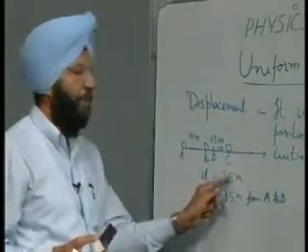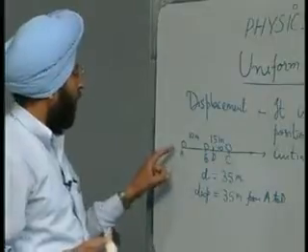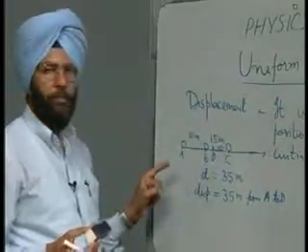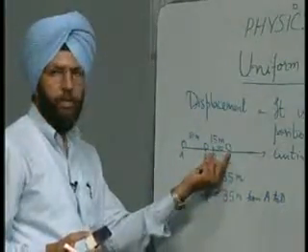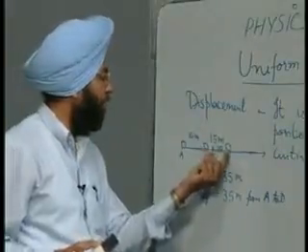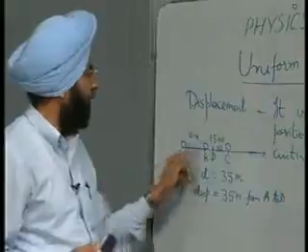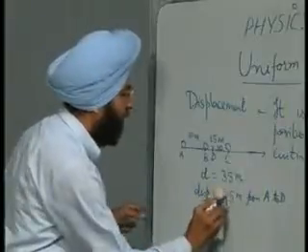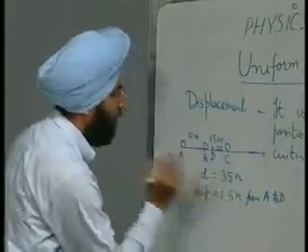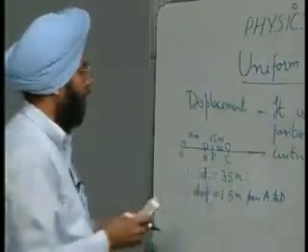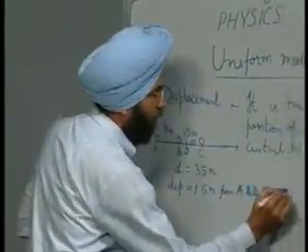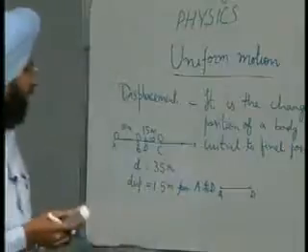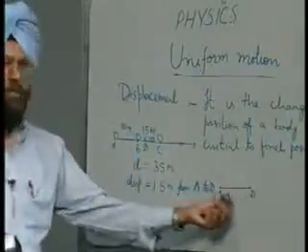Total distance travelled is 35 meters again. Now, displacement is from A to D. This distance will be subtracted from the distance from A to C, 25 meters minus 10 meters. So, magnitude of displacement in this case is 15 meters from A to D.